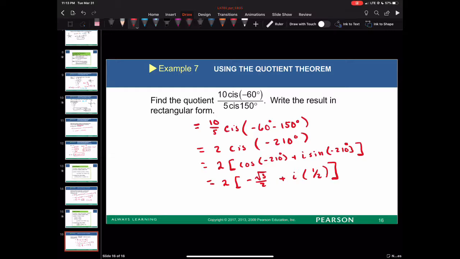In the second quadrant because it's going the other direction. Then your sign should be positive. So now, when we multiply, we will get what? This negative square root of 3. Then we're going to get plus i. And that'll be your answer.